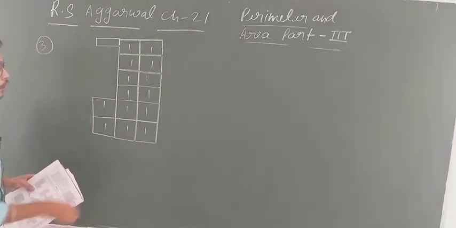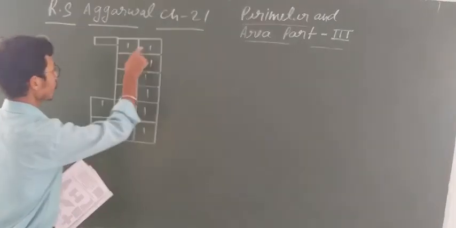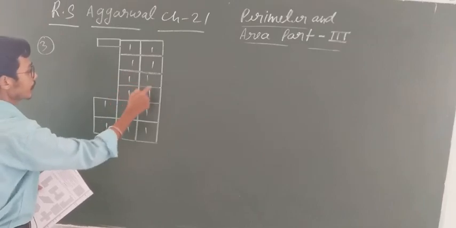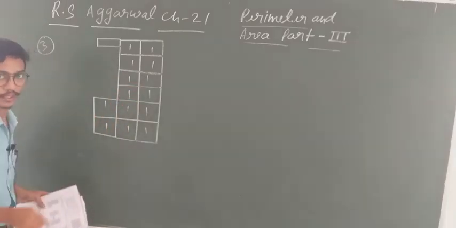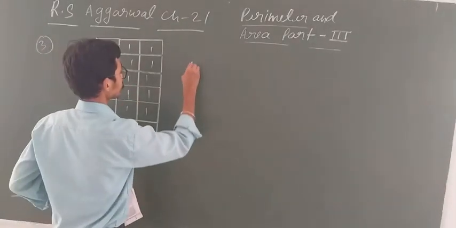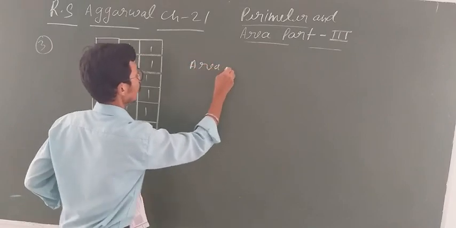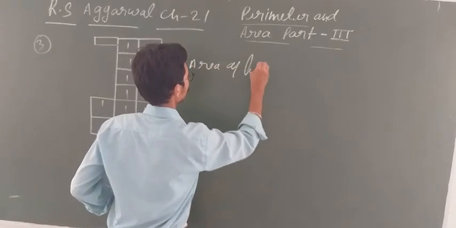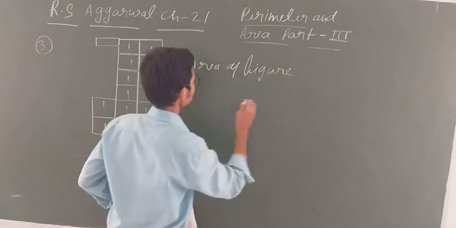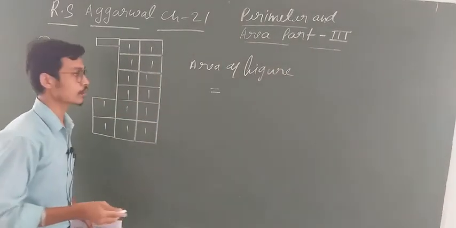This is also 1. So you know the total area: 1 2 3 4 5 6 7 8 9 10 11 12 13 14. Clear, student? The total area of the figure is equal to what?